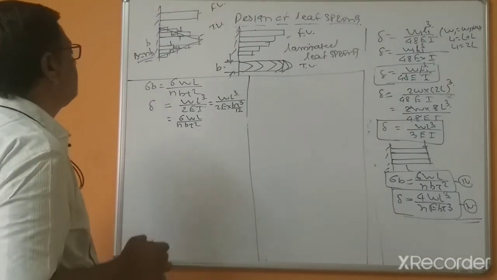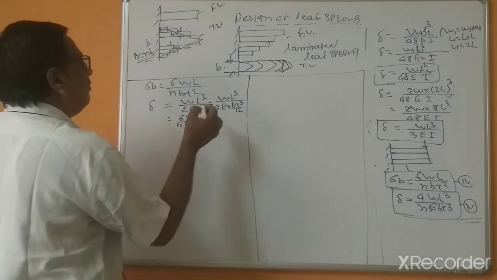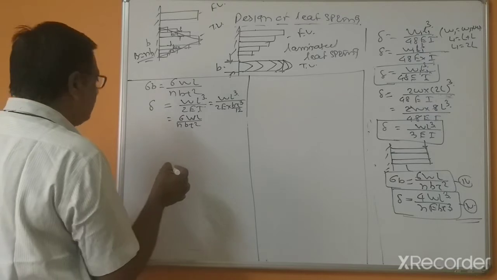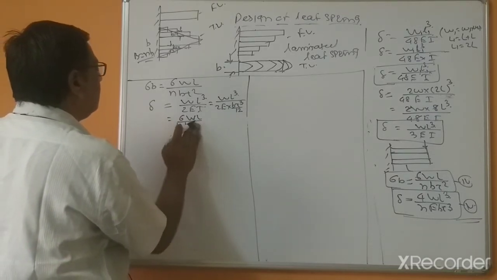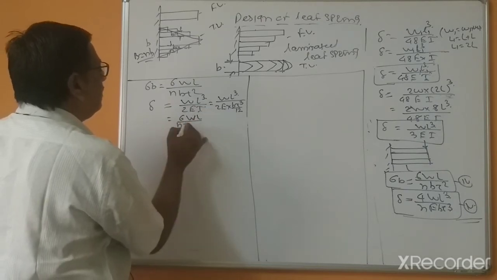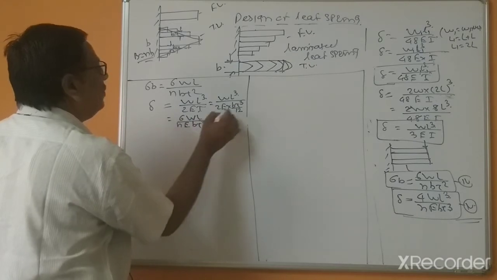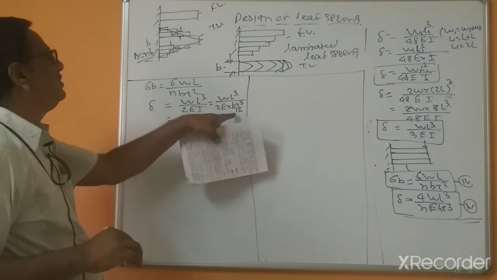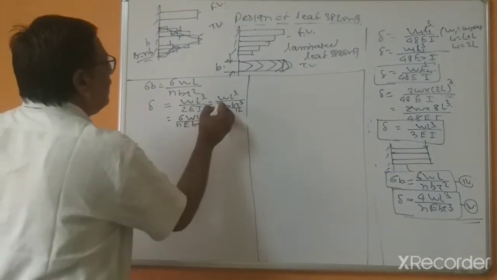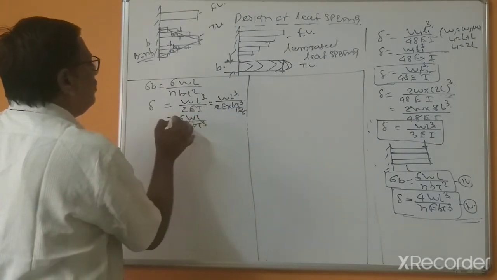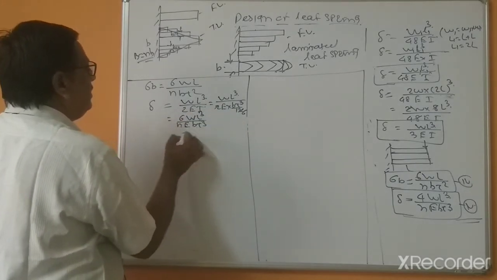So this becomes N E, and this is BT cube. Try to understand, because this 6, 2 and this 12 cancel, and this 6 goes in the numerator, and this is WL cube divided by NEBT squared.